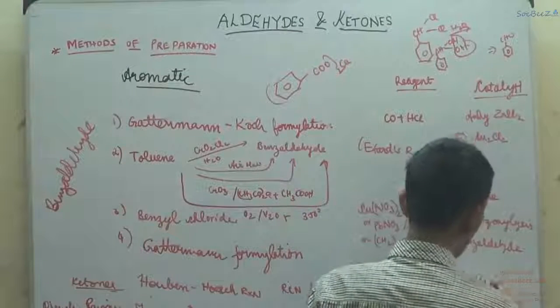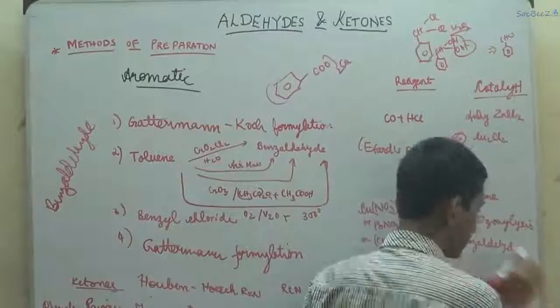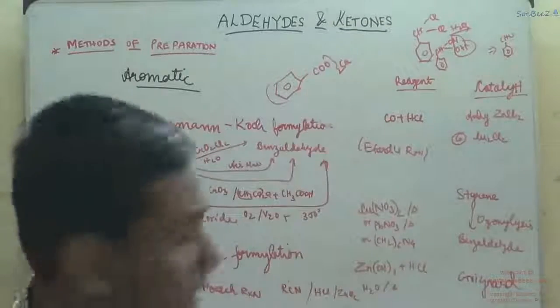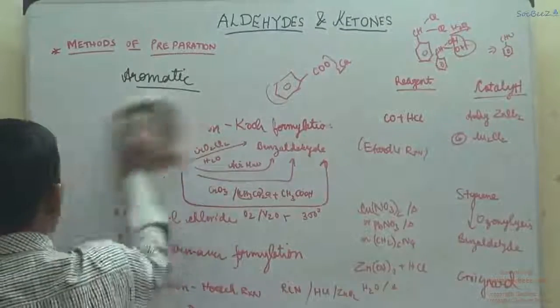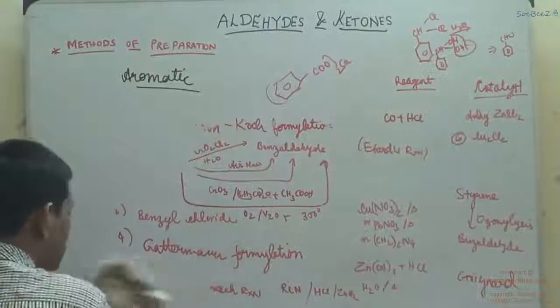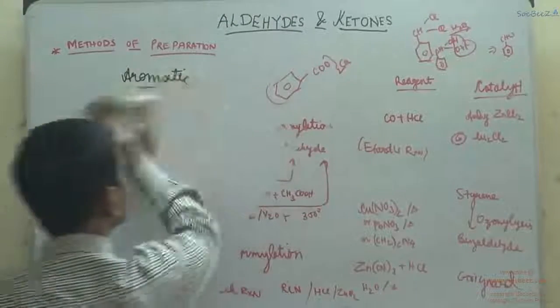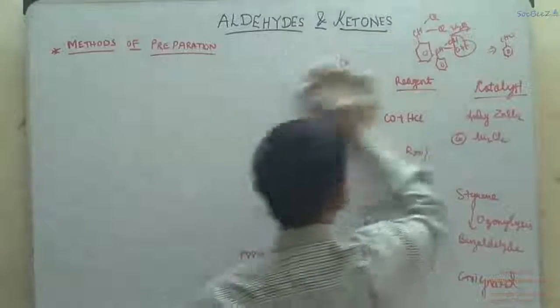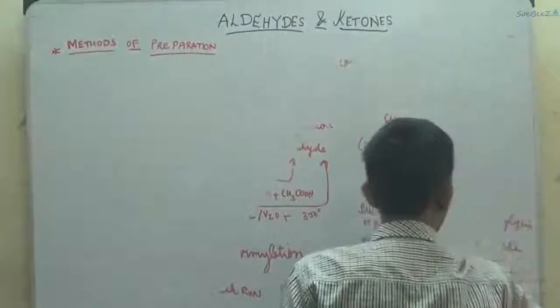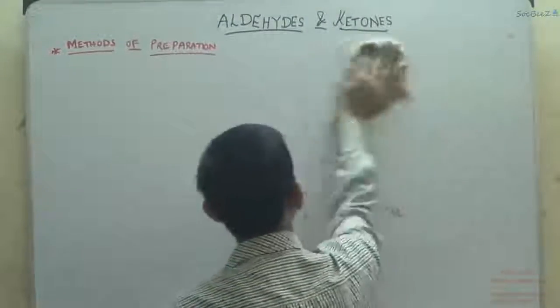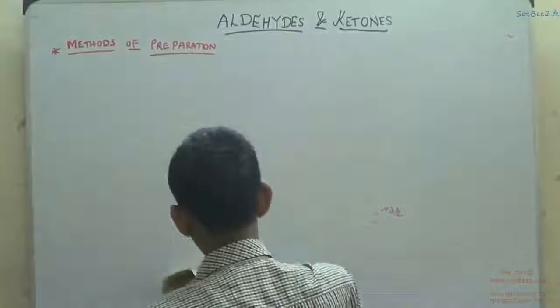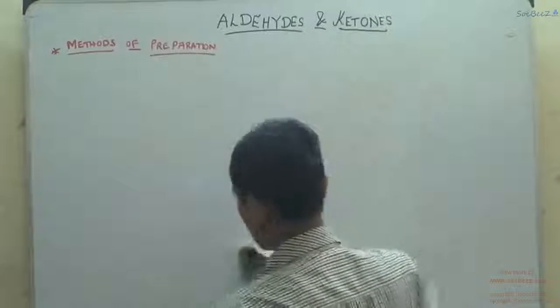Grignard reagent, anyway you know what to do if I replace with an aromatic compound. So this was a brief overview. I'll just discuss two good methods of preparation of aromatic compounds apart from this general method, and then I'll wind up with the methods of preparation of aldehydes and ketones.